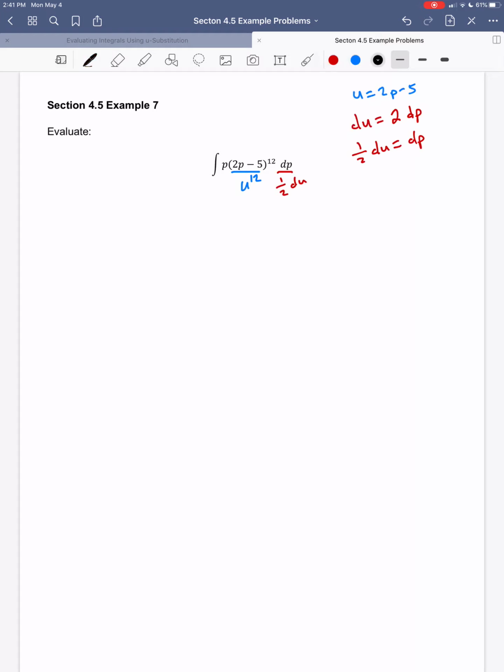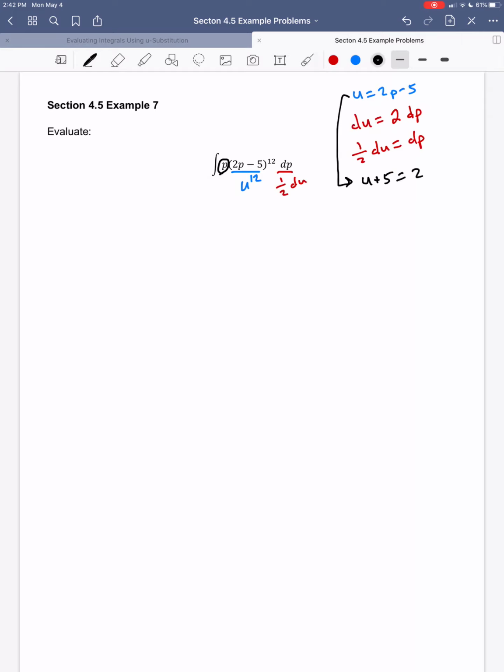But the problem is I still have this p over here in front, which hasn't been replaced with anything with u. So what I do is I take this statement here where I've got u set up and I solve that equation for p. So I add 5 to both sides.